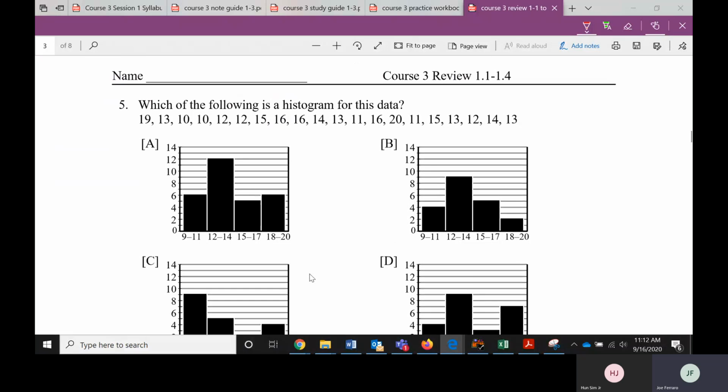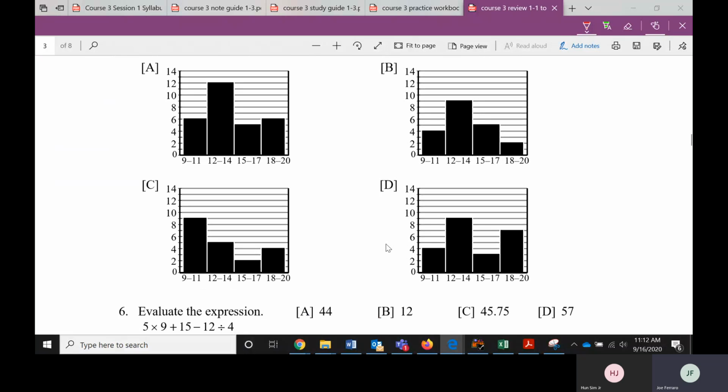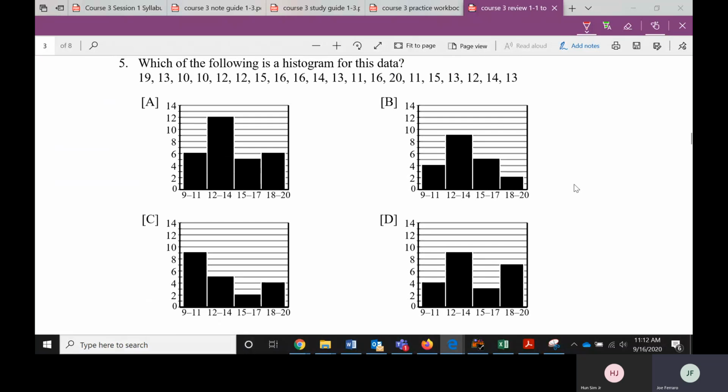Number 5, it just asks you which of the following is a histogram for this data. So what you might want to do is, now all the intervals for all these choices are the same, so that's a nice thing.